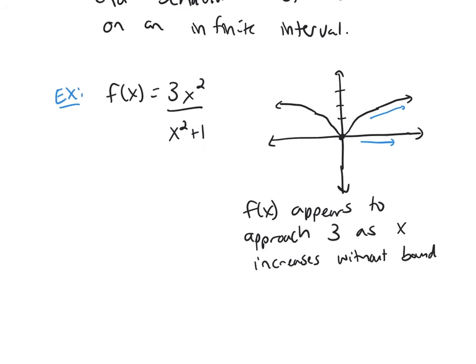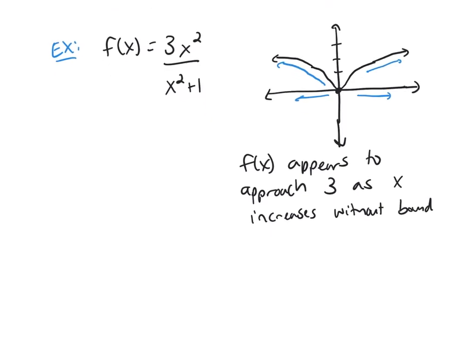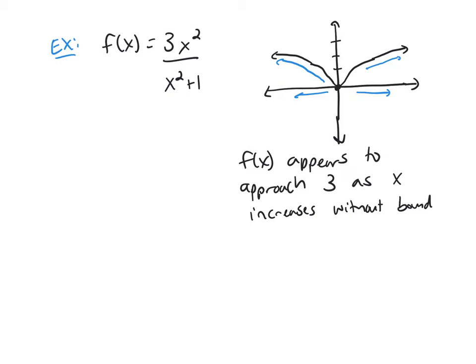And also if I look as x decreases without bound, if I go into the negatives, again my y values look like they go up and they get closer to 3. So f of x appears to approach 3 as x decreases without bound.